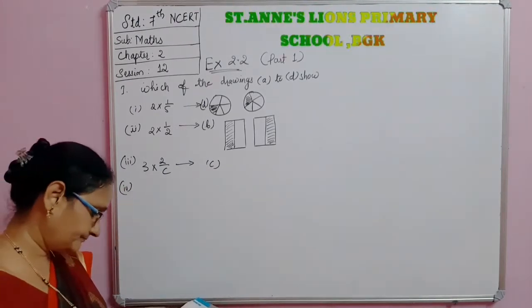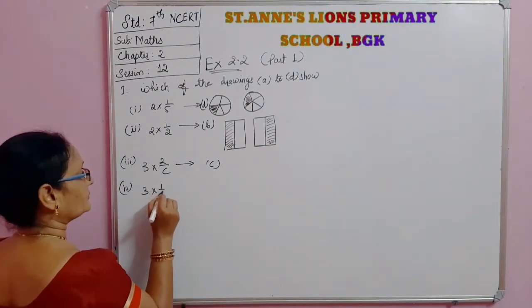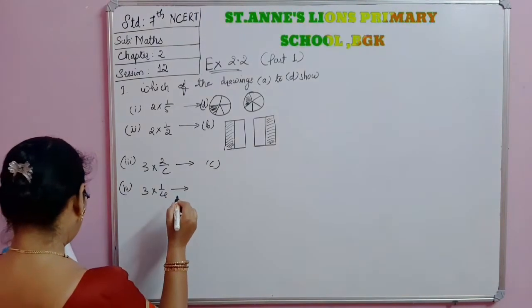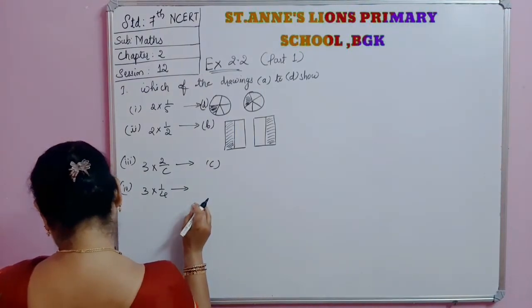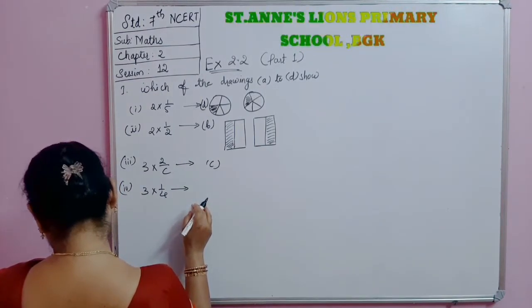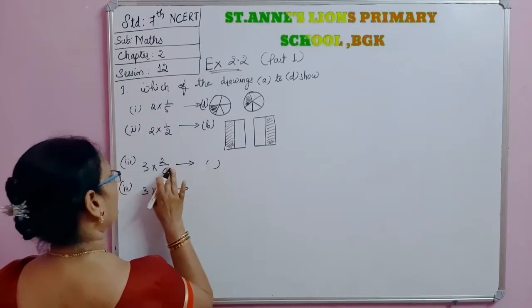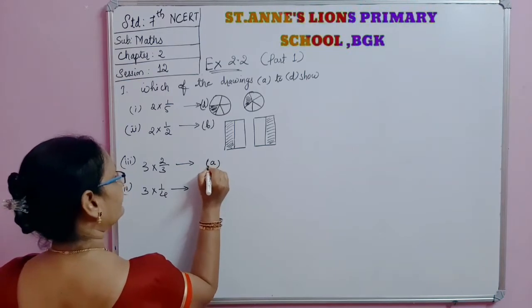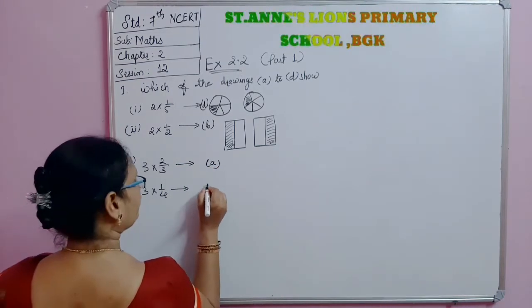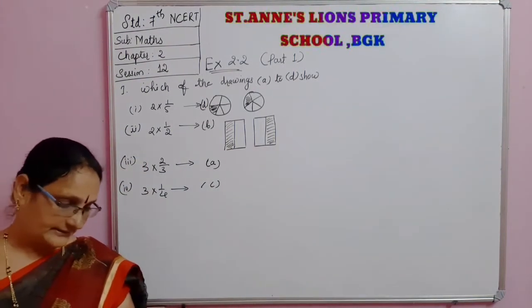Then fourth one, 3 into 1 by 4. 3 into 1 by 4, that is A. C, I think, no? 2 by 3 is A. And 1 by 4 is C. So you have to draw the figures for these two. Draw the figures very neatly.